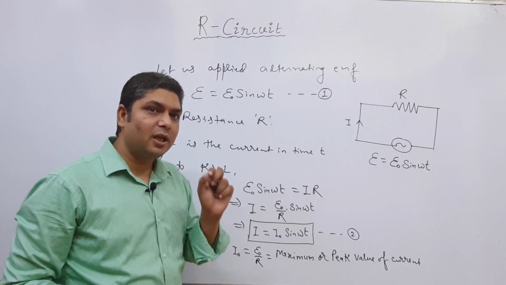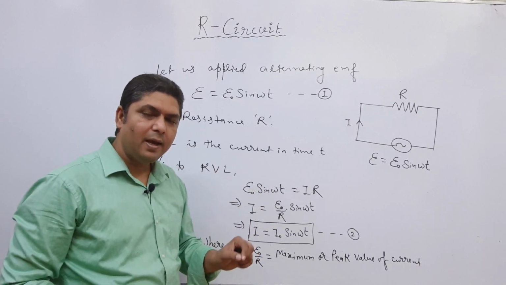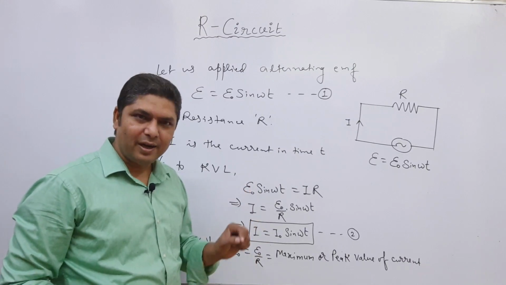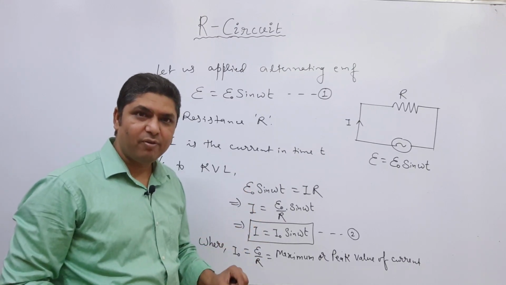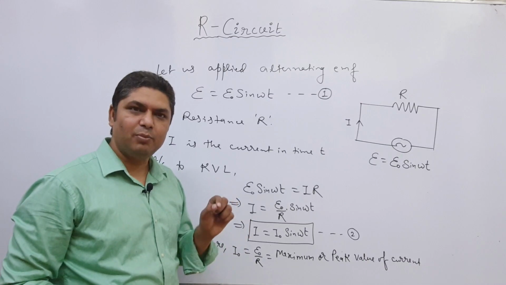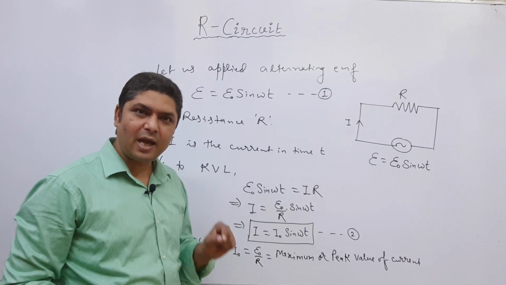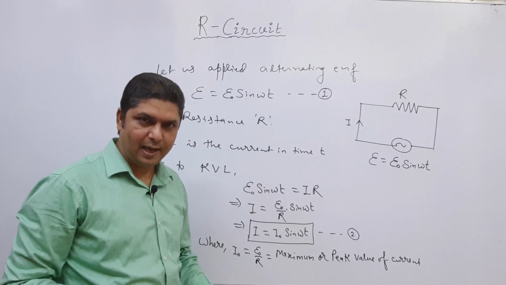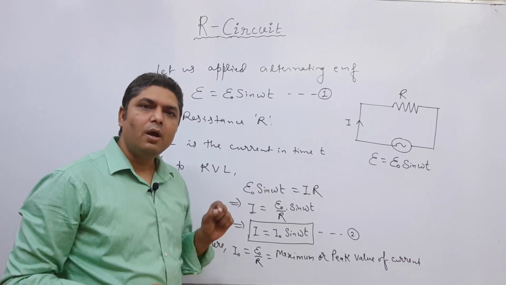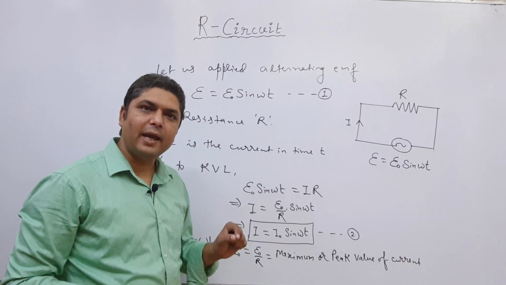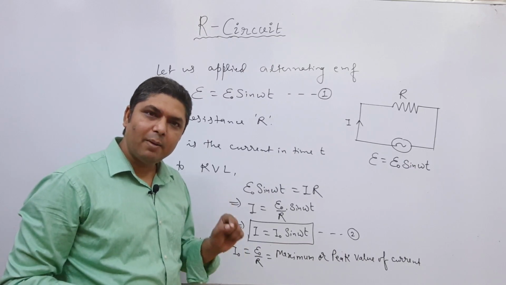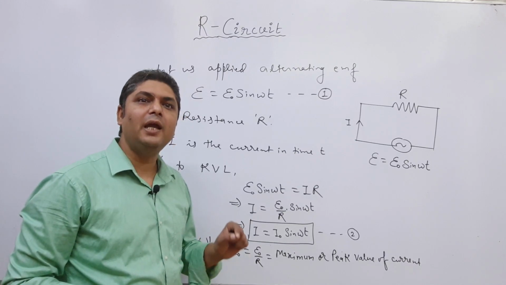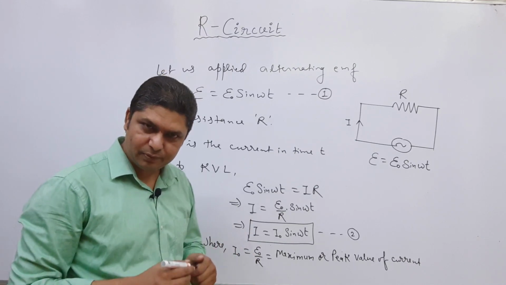This means that the zero, minimum and maximum value of current and EMF will be at the same time, which can be understood with the help of a graph known as timing diagram or EMF and current versus omega t graph. Let us see it.